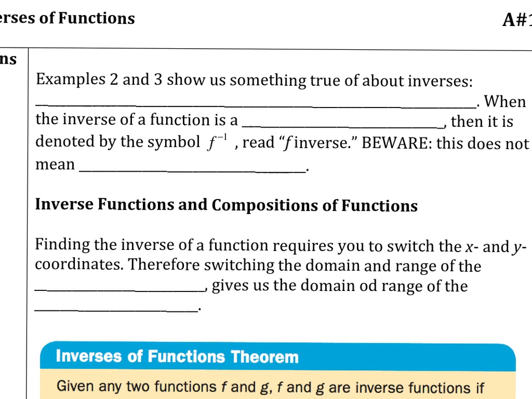So the examples 2 and 3 that we just talked about tell us something good about inverses: not all inverses are functions. So if you start with a function and you inverse it, you may or may not get a function, depending on the context. When the inverse of a function is a function, then it is denoted by this symbol right here, because when we give f a name, then that generally means that it's a function.